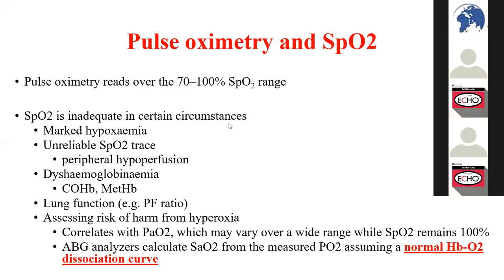You also have to think about assessing the risk of harm from hyperoxia, as we discussed above. People want to give 100% SpO2 oxygenation to a patient who is already in a hypoperfusion state, and you increase the oxygen without thinking about the harm you will cause.